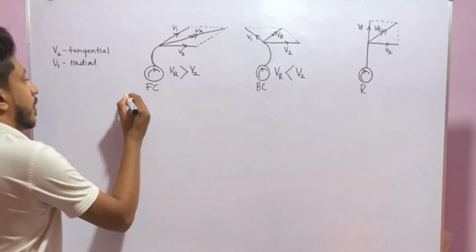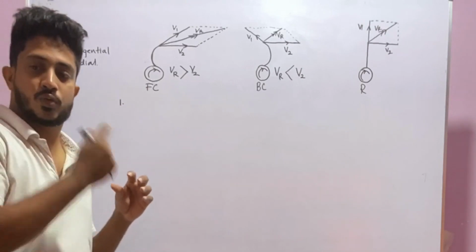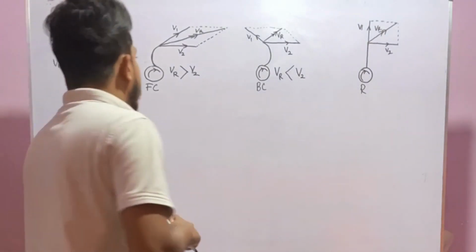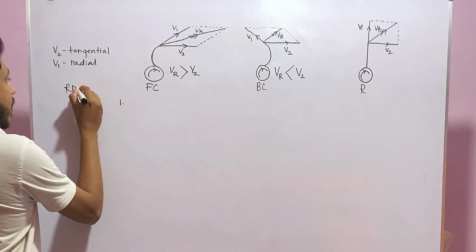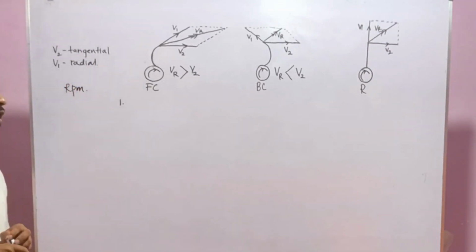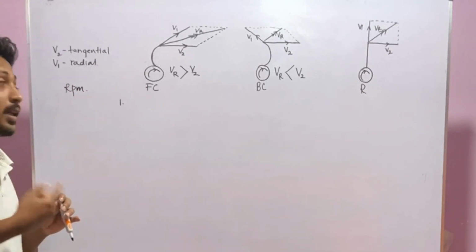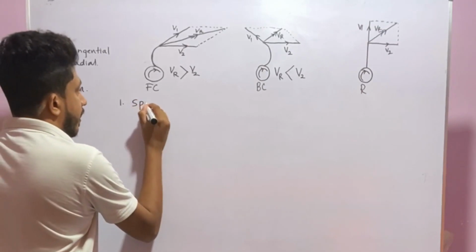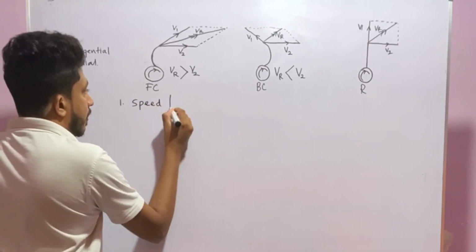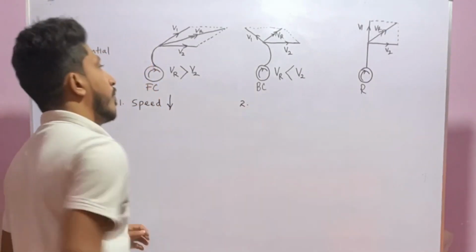Because of that, this fan does not need to rotate in higher RPM, that is fan speed. So the speed is less compared to the backward curve fan.